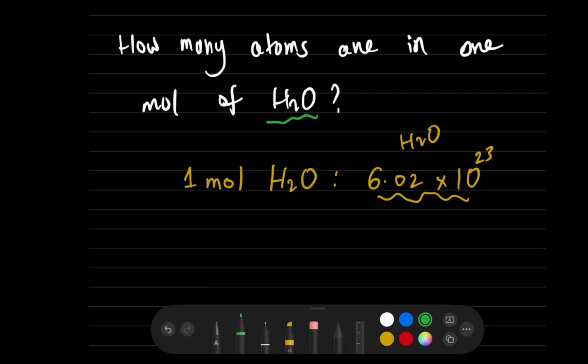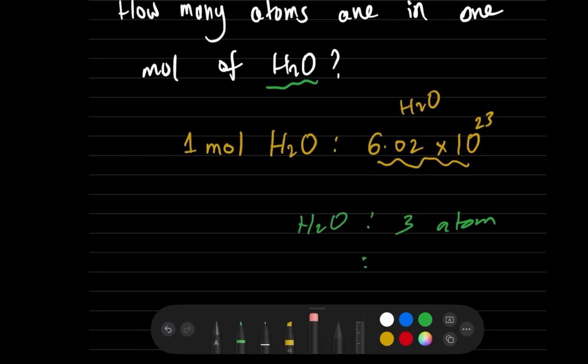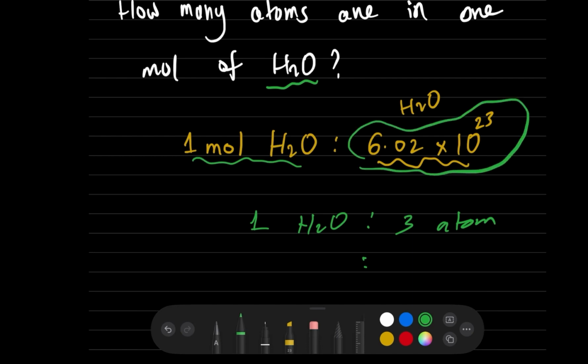So you can say, for the water molecule, 1 H2O contains 3 atoms. Each 1 molecule of water contains 3 atoms, but in 1 mole of water, we have this huge number of water molecules. So we can say, here we have 6.02 times 10 to the power 23.